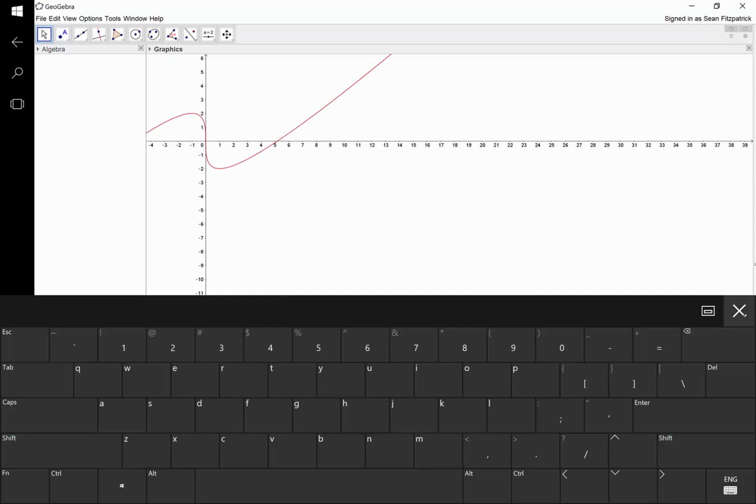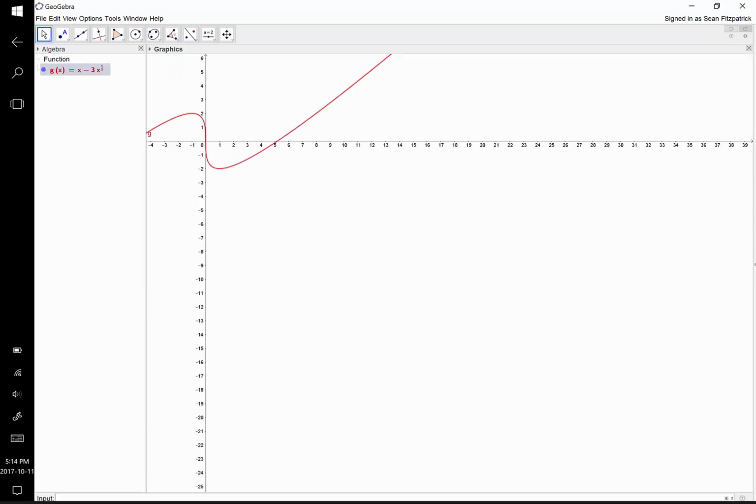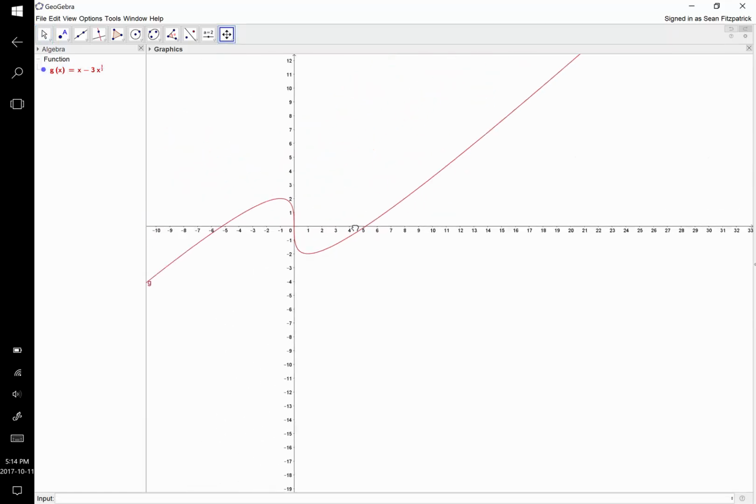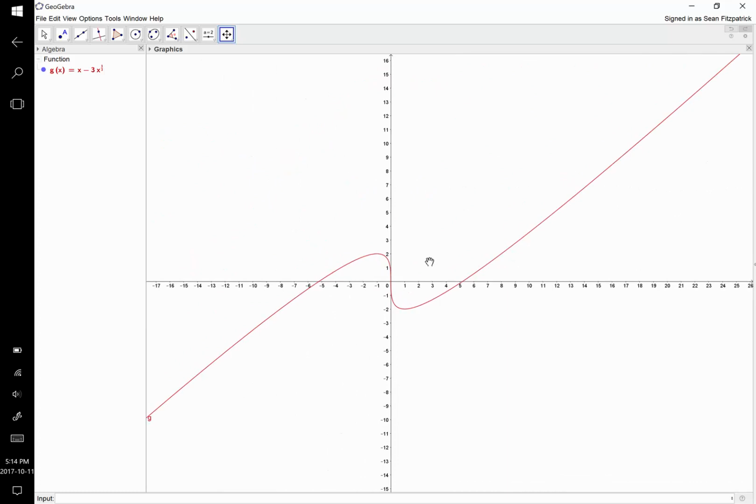Okay, there it is. There's our function.